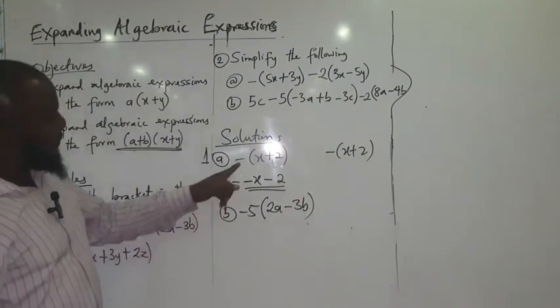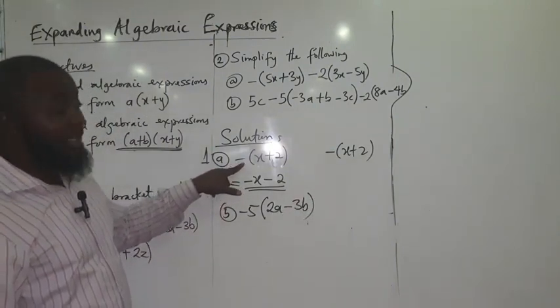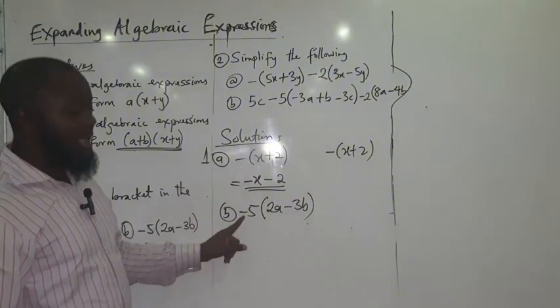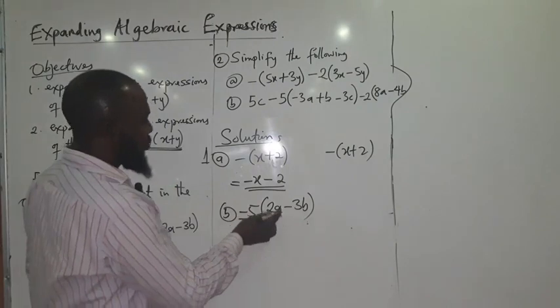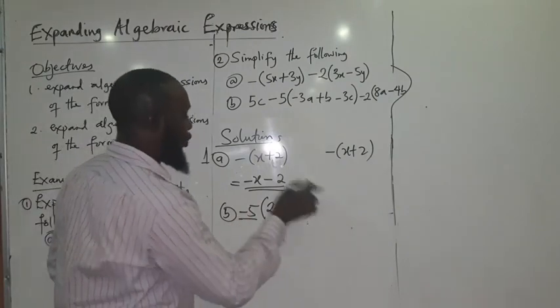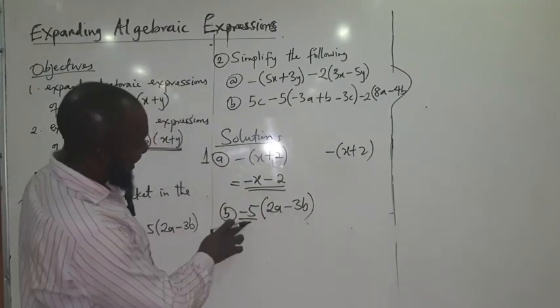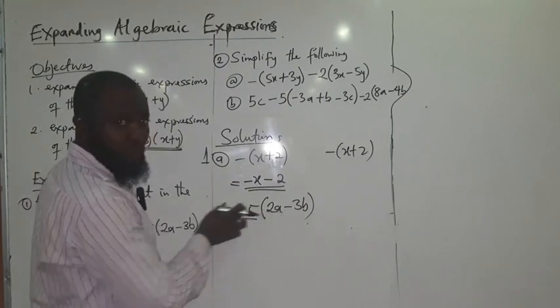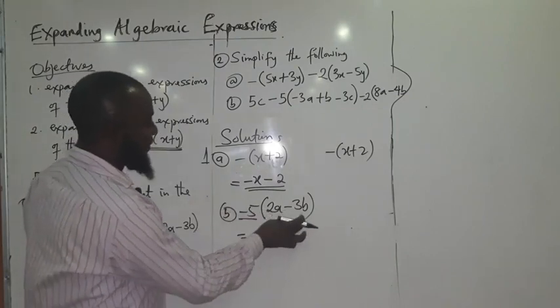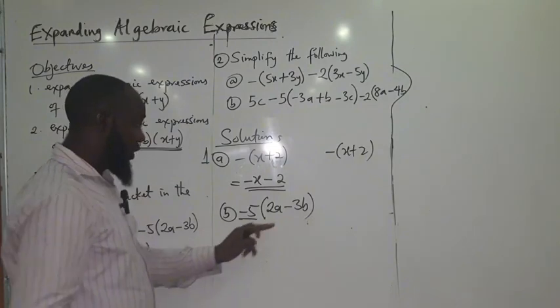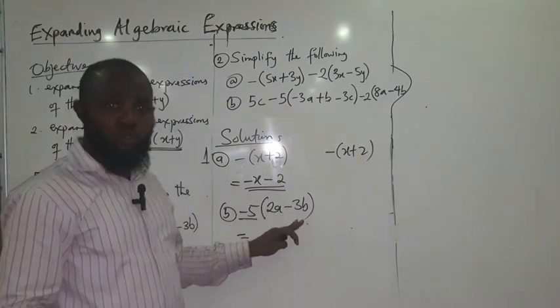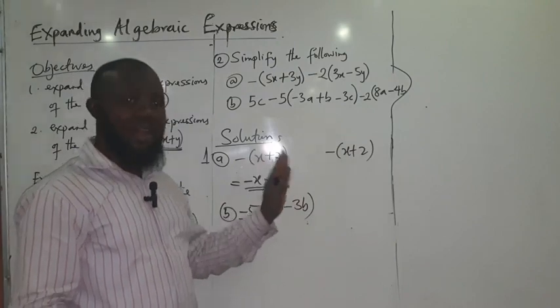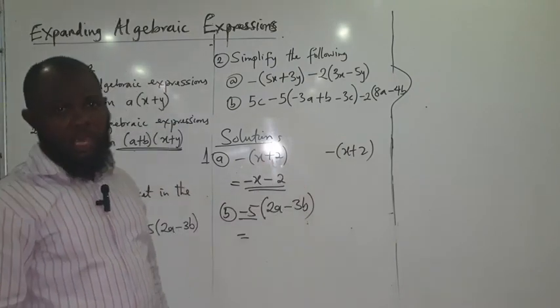The difference here is that in the first one we had just an ordinary minus 1, but here we have minus 5. So we are using this minus 5 to multiply everything inside the bracket. Don't make the mistake of multiplying minus 5 by only the first term. You multiply by everything you have inside the bracket. Even if the terms inside the bracket are more than 2, you multiply by every one of them. I hope that is clear.